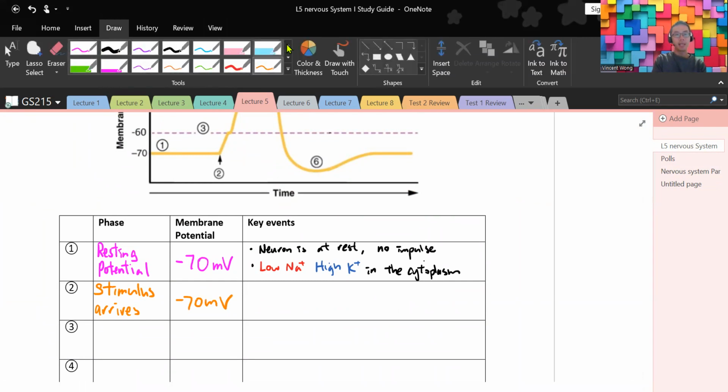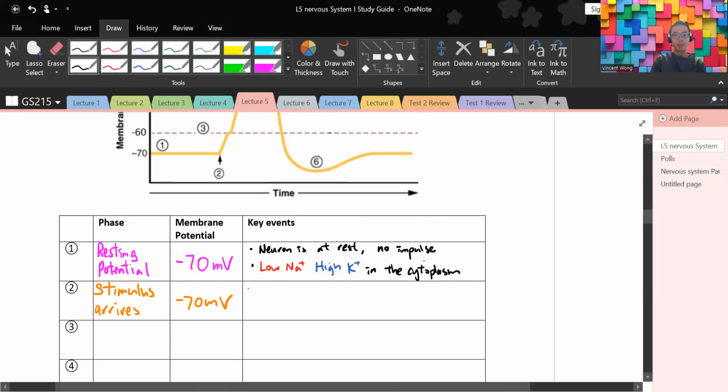But what's happening is the stimulus will push the membrane potential towards the positive direction.